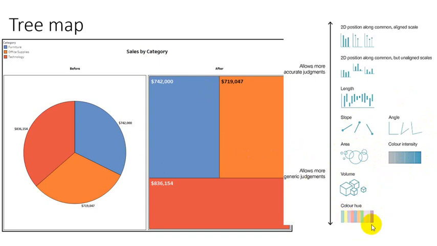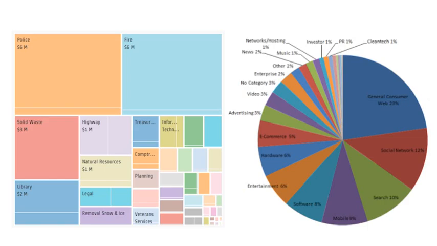And then last but not least, these allow just for more generic judgments. They show trends, things like differences between colors. So this is the Cleveland and McGill effectiveness ranking for how humans are able to perceive some of these things and decode charts and graphs.